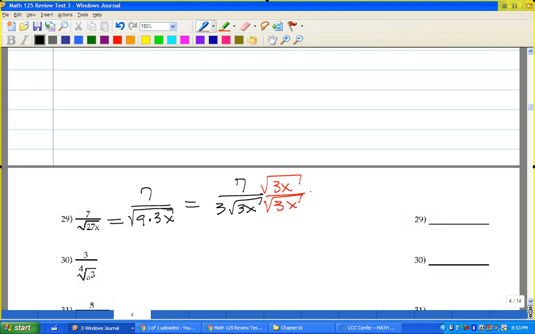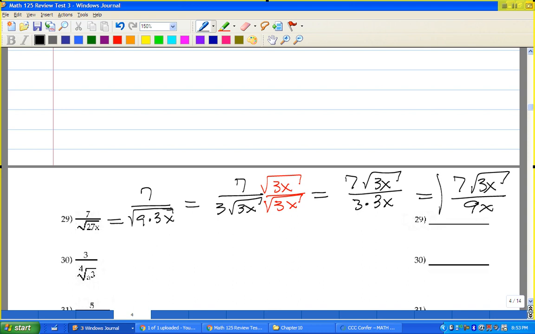And so this is equal to 7 rad 3x over, well, rad 3x times rad 3x is just 3x. And so this is 3 times 3x. And so I finally get 7 rad 3x over 3 times 3x is 9x. And that is your answer.